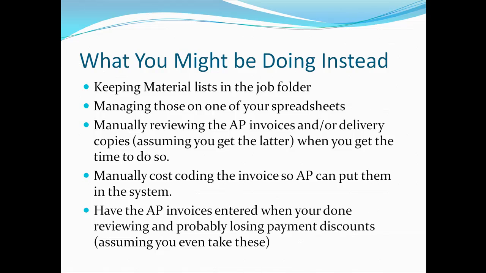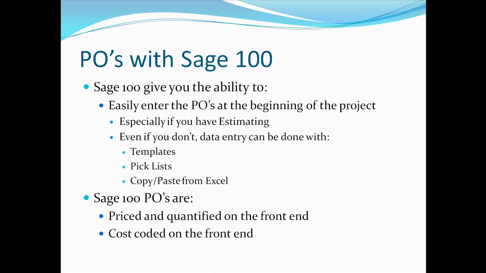You could be manually cost coding the invoices so that AP can put them into the system so you can get your job cost reports. You can have the AP invoices entered when you're done reviewing these, and you're probably losing significant payment discounts. That's assuming you're even taking these.